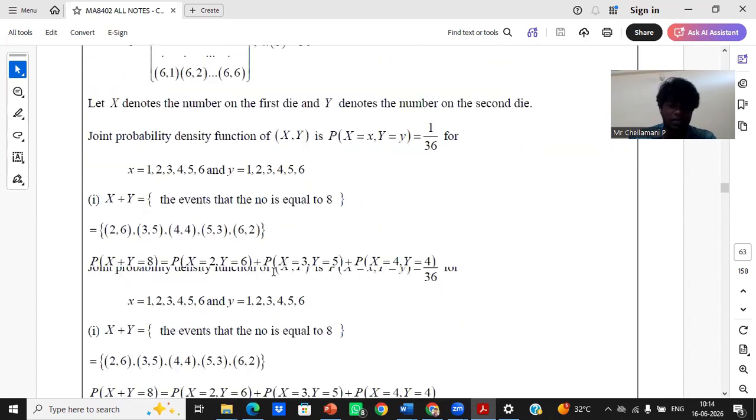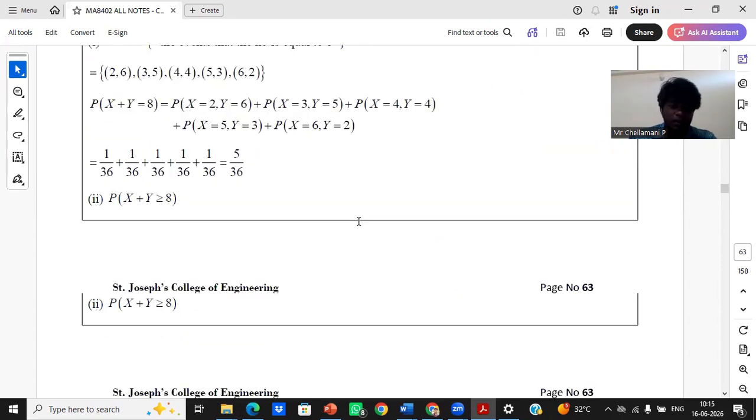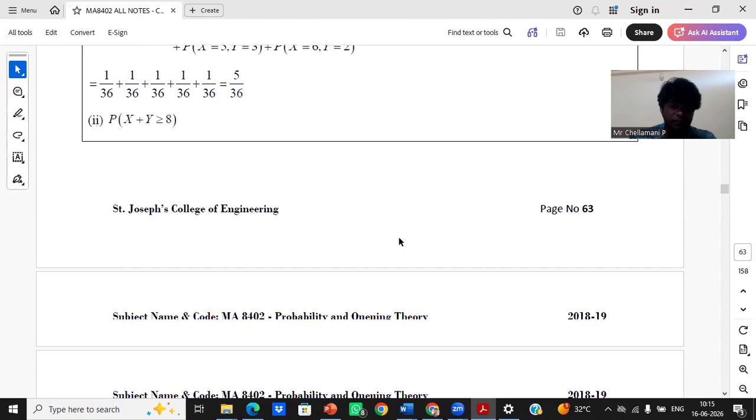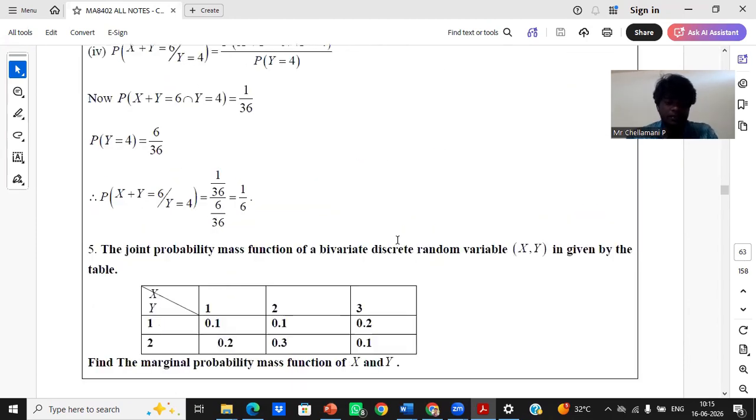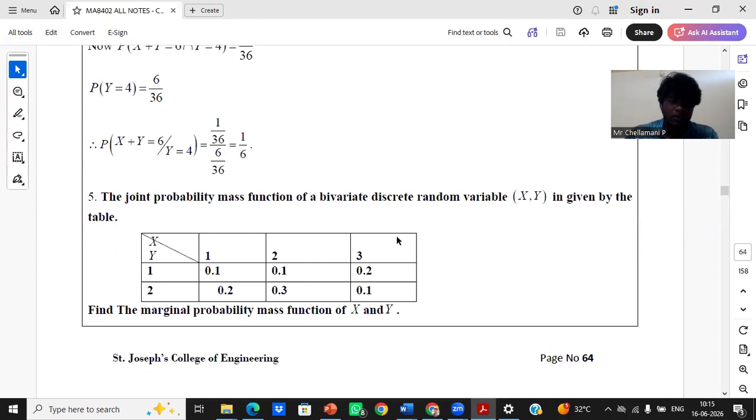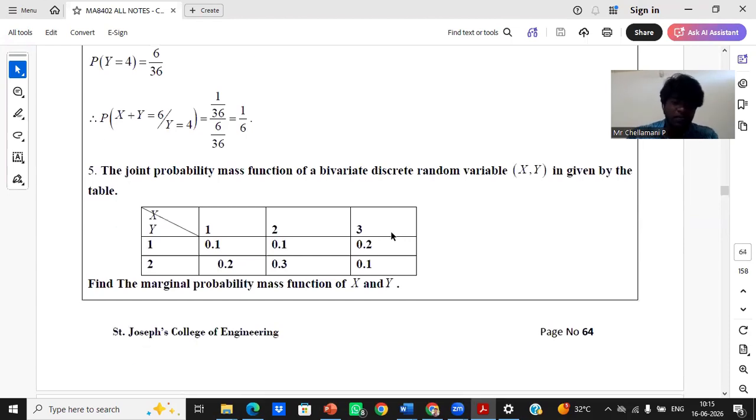Next, we are going to see one other important problem, that is problem number 5. The joint probability mass function of a bivariate discrete random variable x comma y is given by the table.